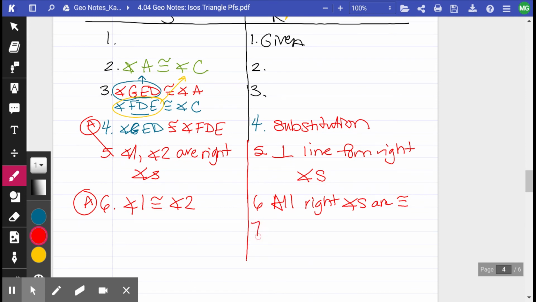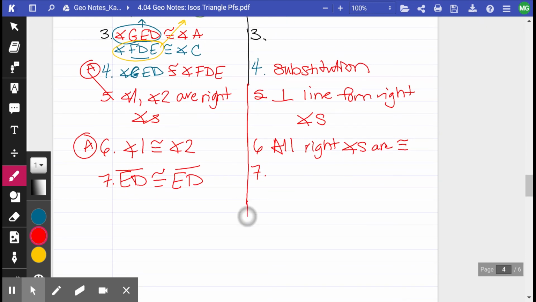All right, so now I have 2 pairs of angles. I still need my pair of sides, so I can say segment ED is congruent to itself. And the reason for that would be your reflexive property. And that gives me my other side. So now I can say that triangle GED, it's getting a little crazy with my writing here, sorry.